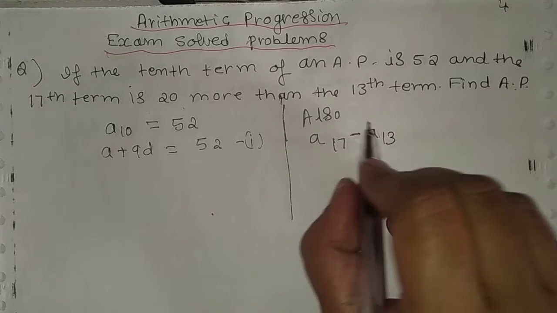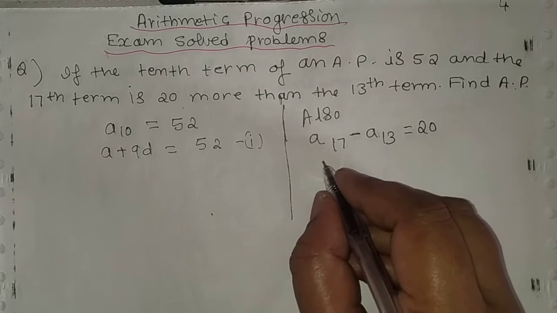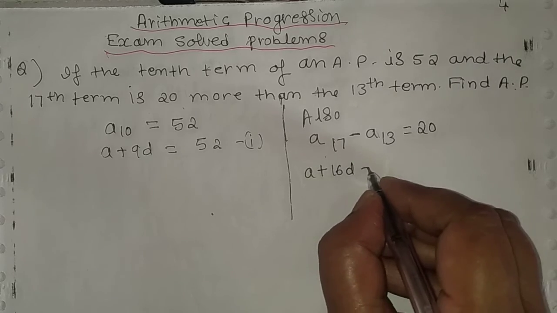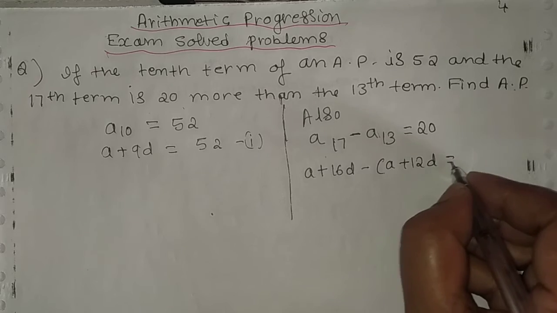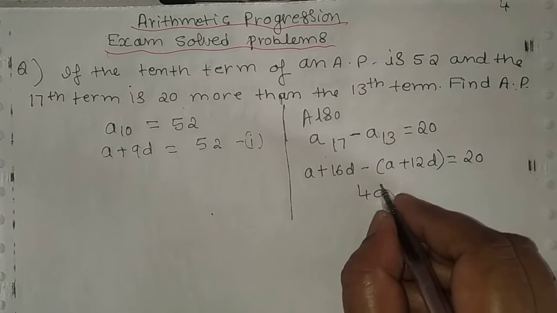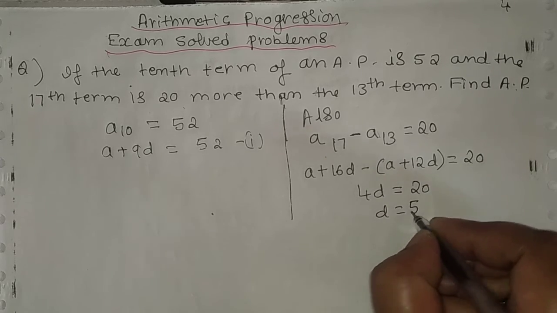Therefore A17 minus A13 is equal to 20. Then we expand this and write A plus 16D minus (A plus 12D), which is equal to 20. Then we simplify this one, we get 4D is equal to 20, where D is equal to 5.